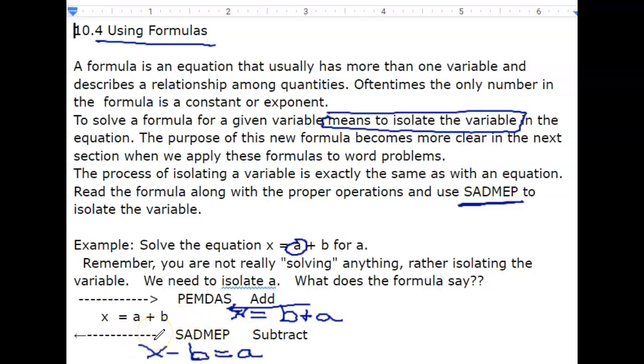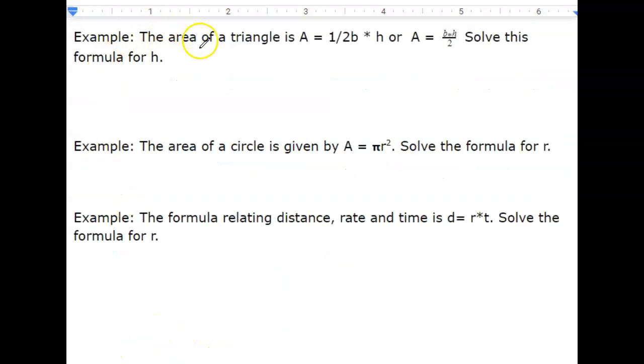Do the subtraction part. Now we're going to look at a couple formulas that you guys should know. Area of a triangle. Area is 1/2 base times height. If I take this 1/2 and write what it actually means, it says take the base times height of a triangle and divide it by 2. We're going to solve this formula for h. So this is what we need to get all by itself. So base times height divided by 2. The last thing I said is divide by 2. So that's the first thing I'm going to do, the opposite and backwards of that.